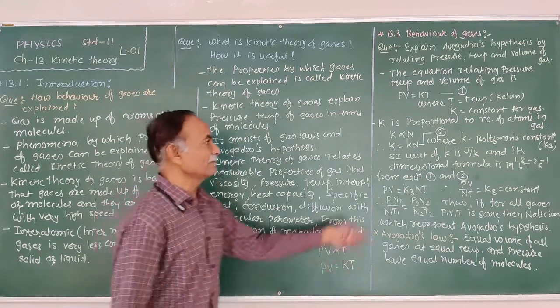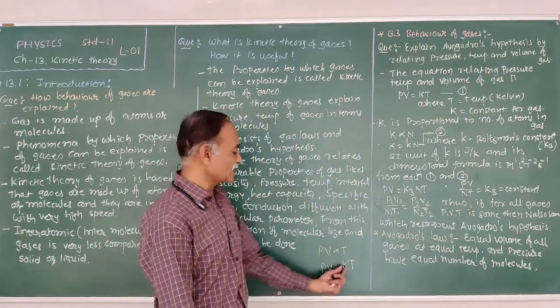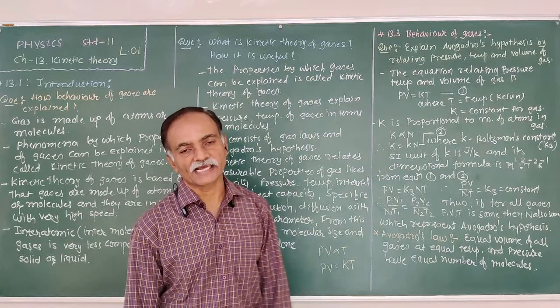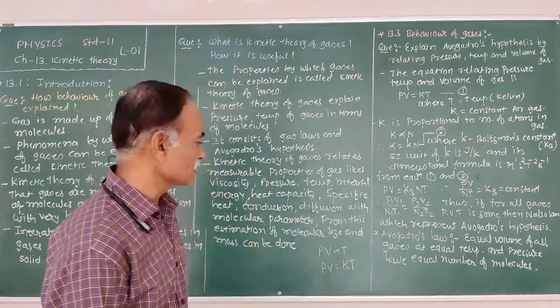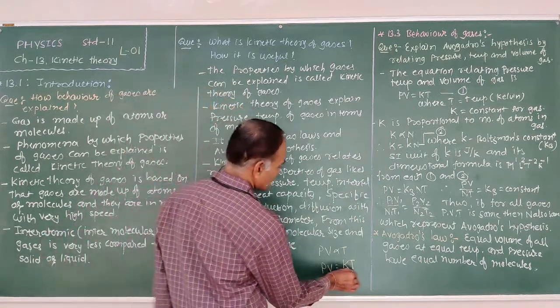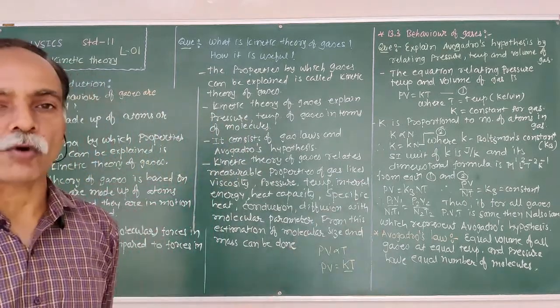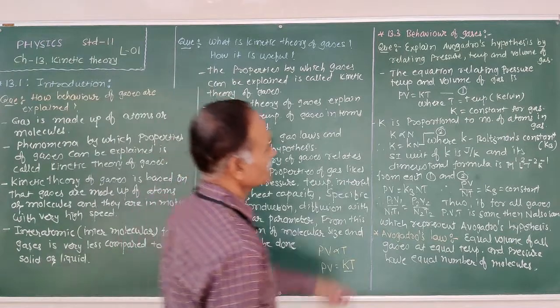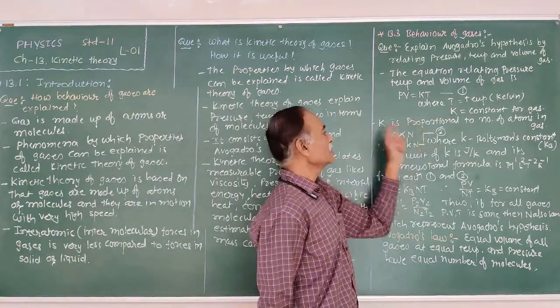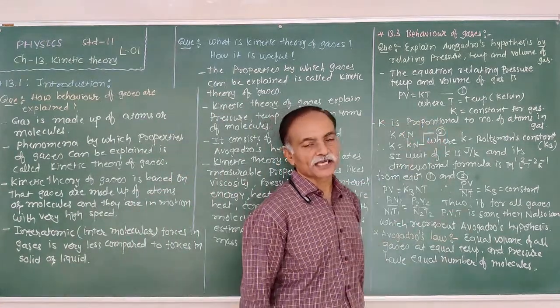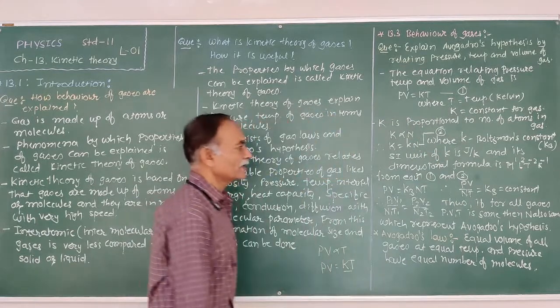Here T is the temperature in Kelvin. K is a constant for a gas. Now, this K depends on the volume of a gas. That means that it depends on the number of molecules in a gas. Here this K is proportional to the number of atoms in a gas.